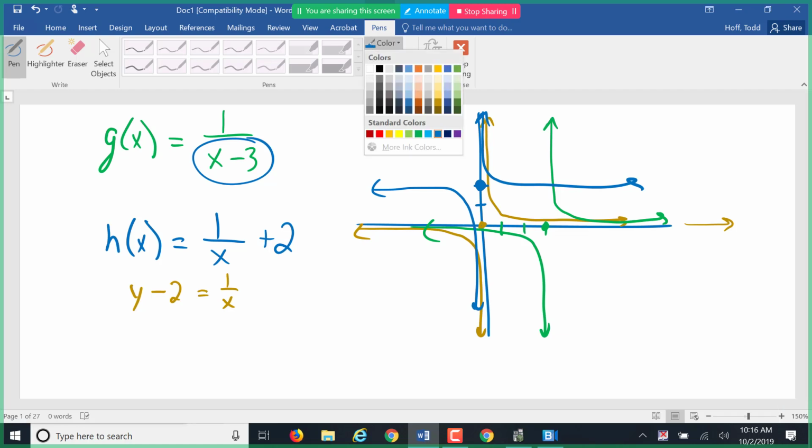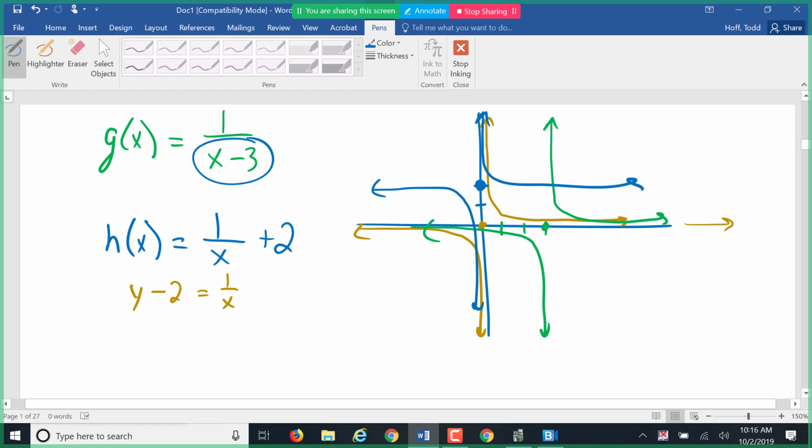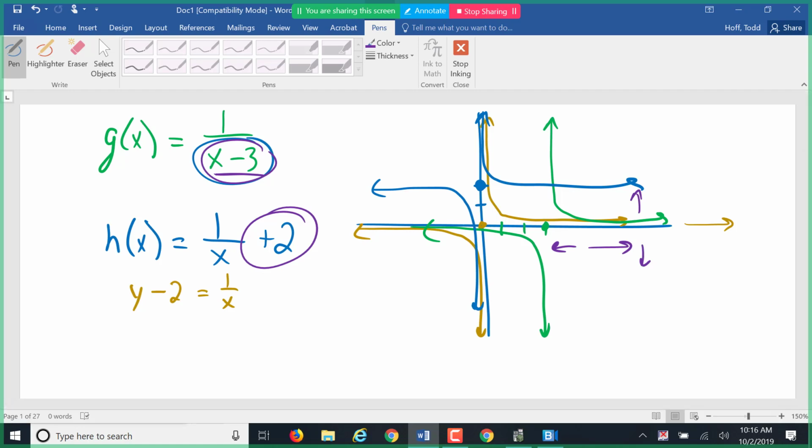So just like any other function, the graph of f of x equals 1 over x can shift to the right or left or up or down by simply subtracting or adding to the x and then adding or subtracting outside of the x, basically to the y, to shift the graph. We could also do multipliers to it.